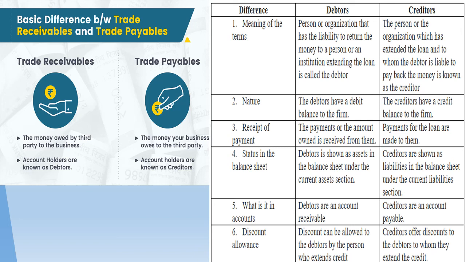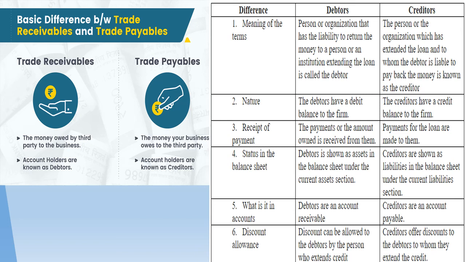As for the status in the balance sheet, debtors are shown as an asset, like I told you, because from them in future you will get benefit, and creditors are shown as a liability because you have to pay them in the future. Both come under current, because debtors and creditors have to be paid within a year or so.